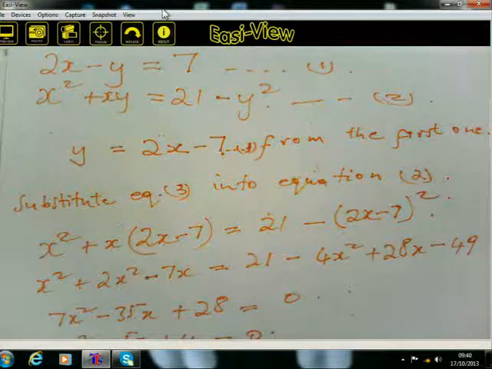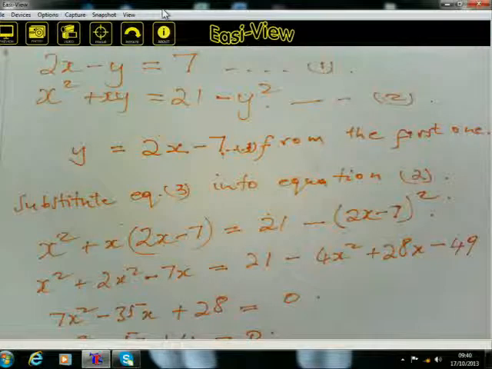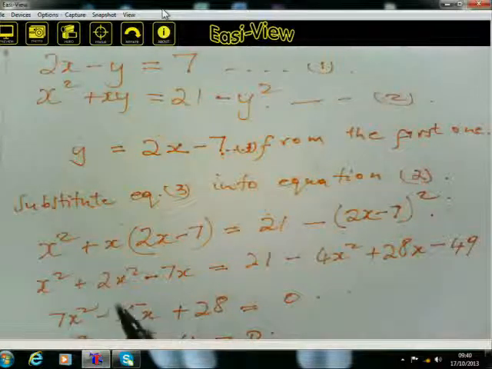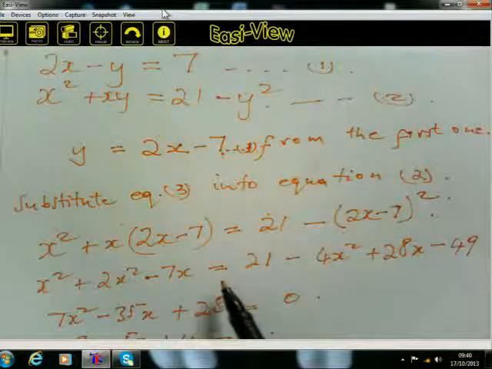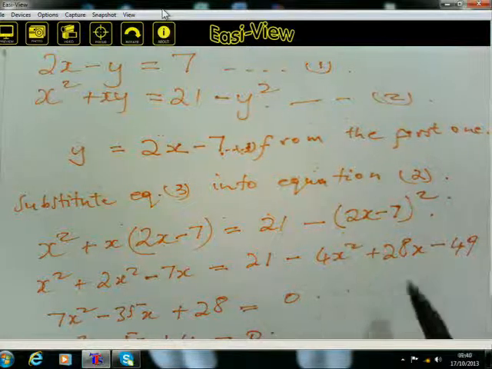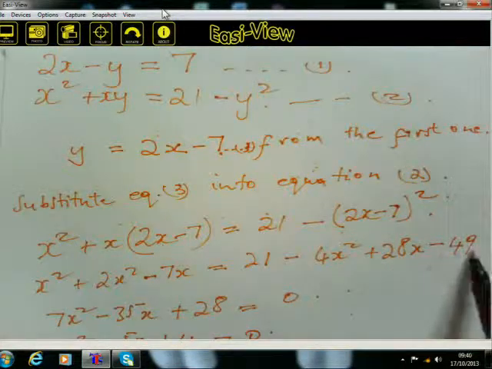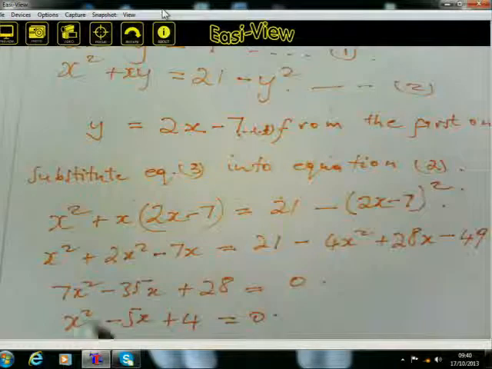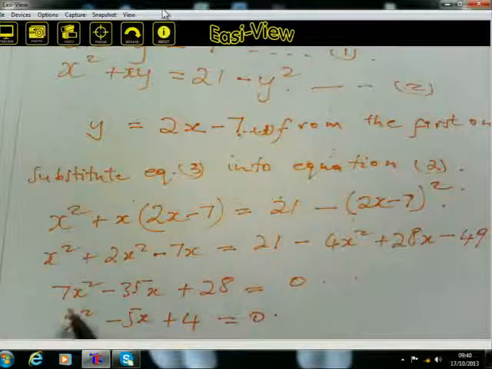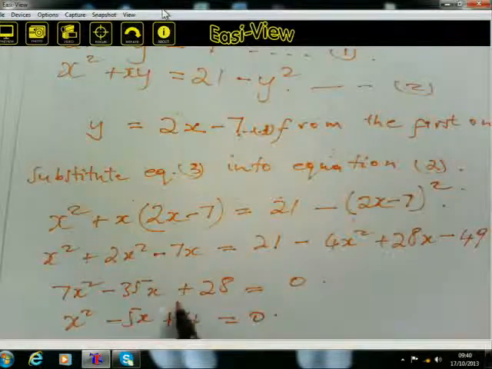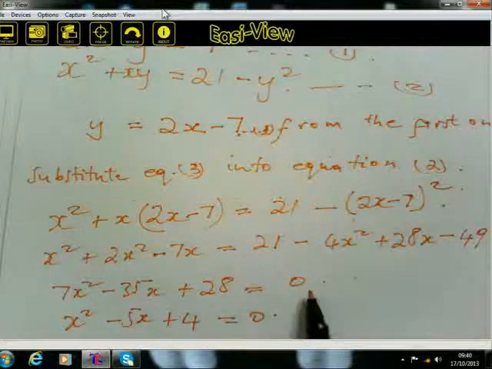And then upon removing the brackets, we have x squared plus 2x squared minus 7x is equal to 21 minus 4x squared plus 28x minus 49. Simplifying that, we came to 7x squared minus 35x plus 28, which is equal to 0.